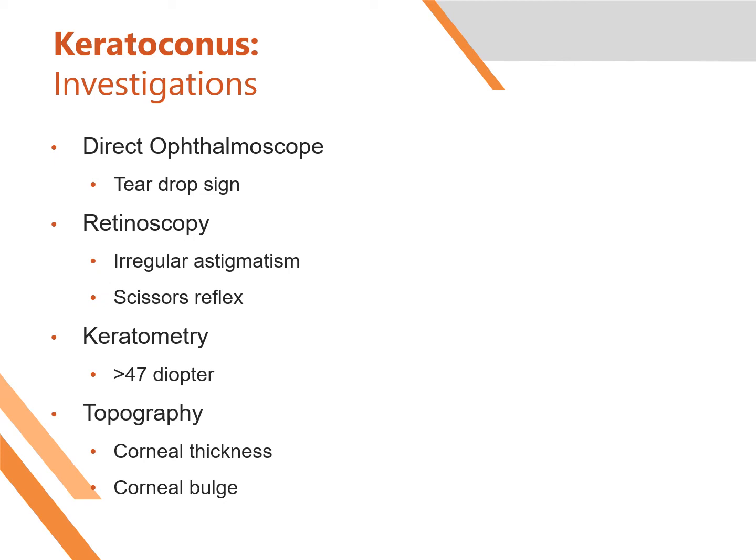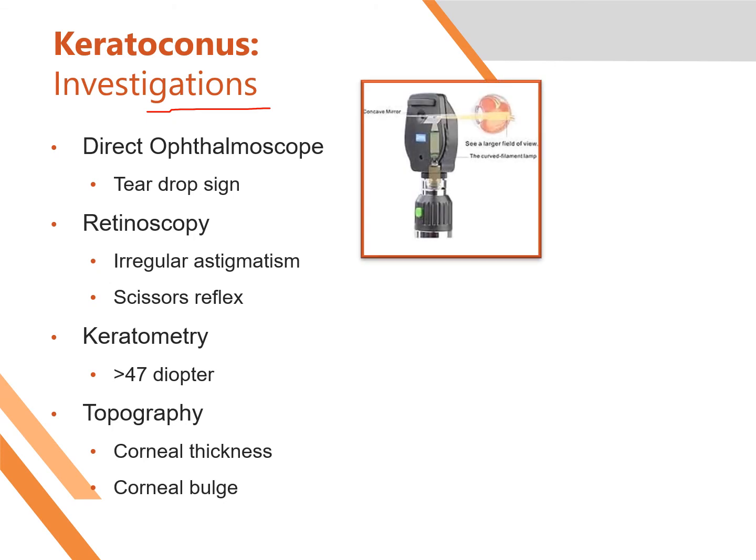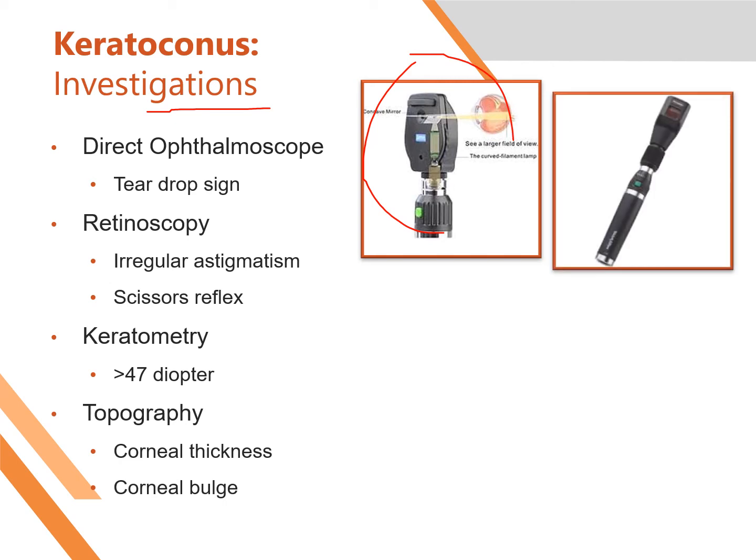Keratoconus investigations can be done with different gadgets. The common ones are the direct ophthalmoscope, with the help of which you can see a teardrop sign, and the retinoscope, with which you can see the irregular astigmatism and scissor reflex, in which the reflexes close from one side to the other like scissors.